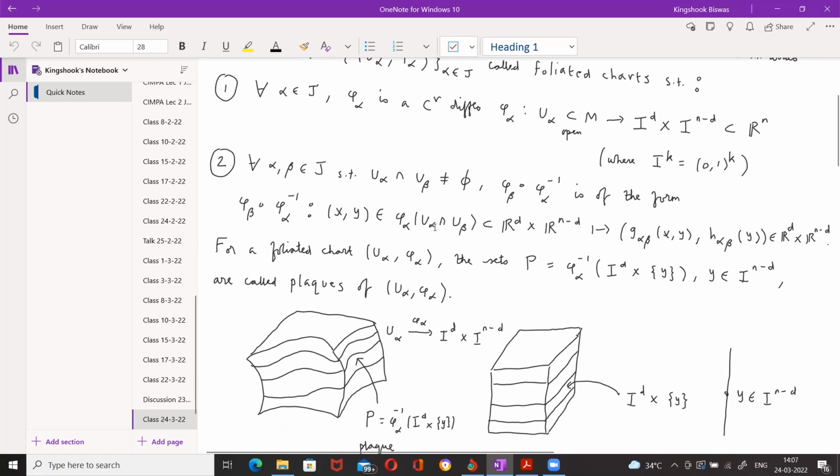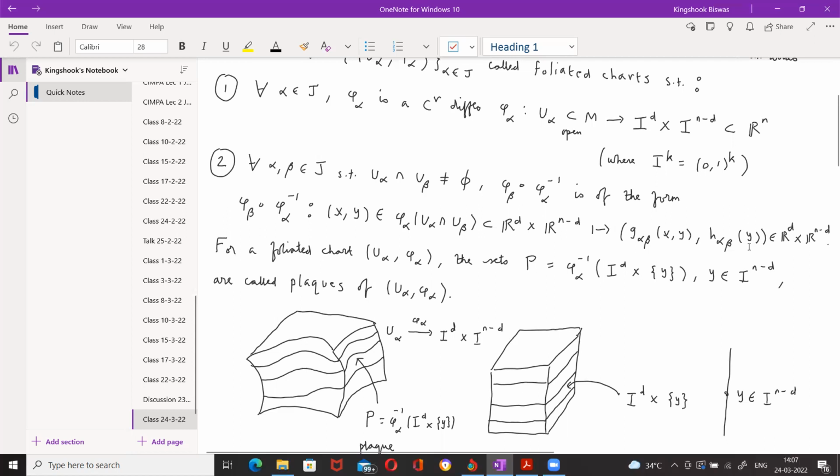This should map to a pair of the form (g_alpha_beta(x, y), h_alpha_beta(y)), where h_alpha_beta is a function only of y. All right, so the important part is that the y coordinate of the image only depends on the y coordinate of the domain.